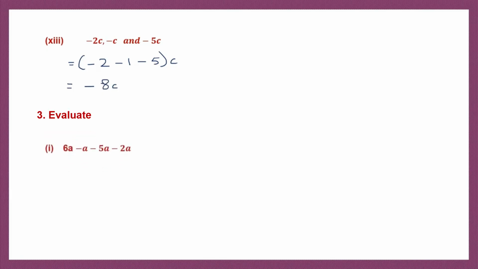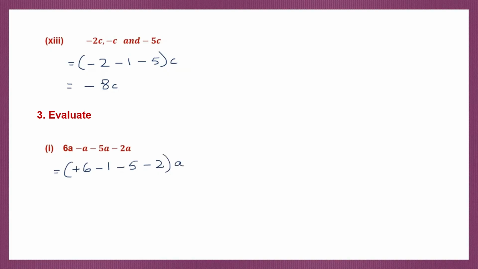Moving on to the next question, evaluate. Here also we follow the same rules, and as you can see, they're all like terms here. We have plus 6a, minus 5a, minus 2a. So let's take only the numbers. So 6 is by itself. So let me put plus 6, then minus 1, minus 5, minus 2a. Okay.